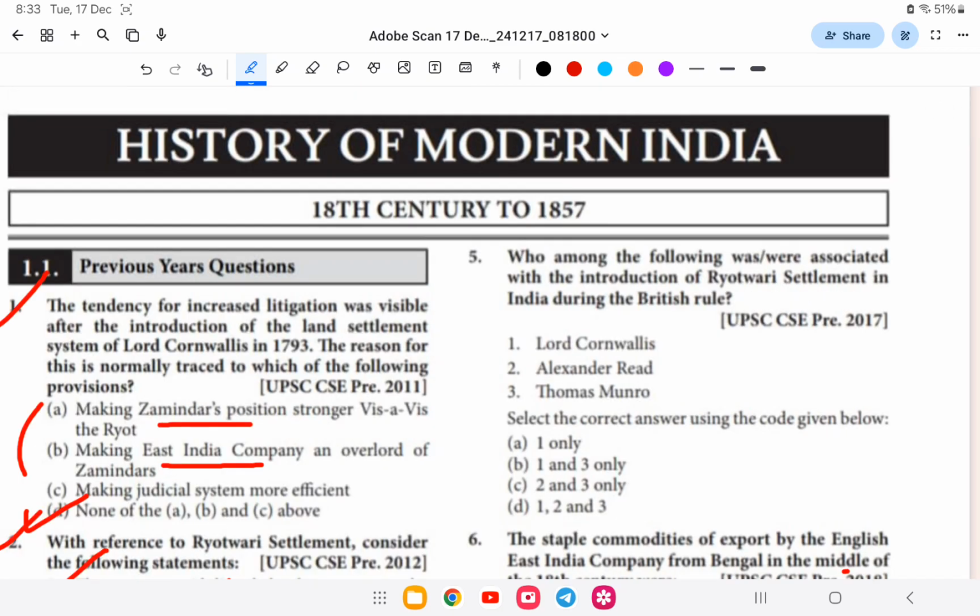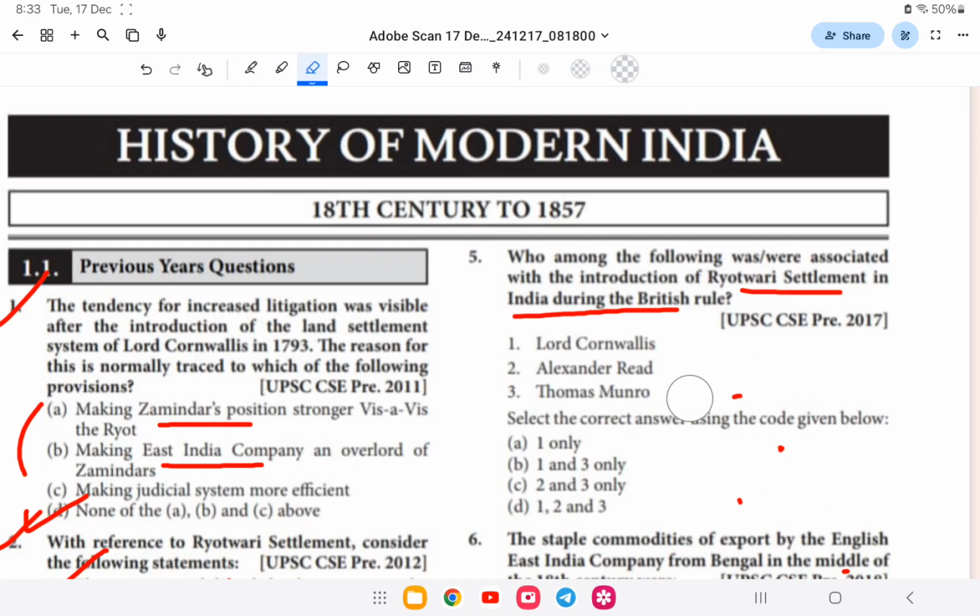Question number 5. Who among the following was associated with the introduction of the Ryotwari settlement in India during the British rule? We know the Zamindari system is Cornwallis's, Ryotwari is Thomas Munro's, and the Mahalwari system is Mackenzie's.